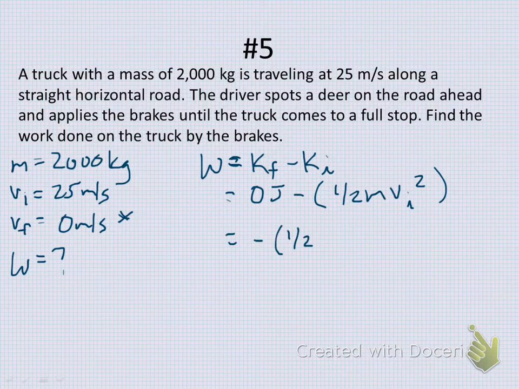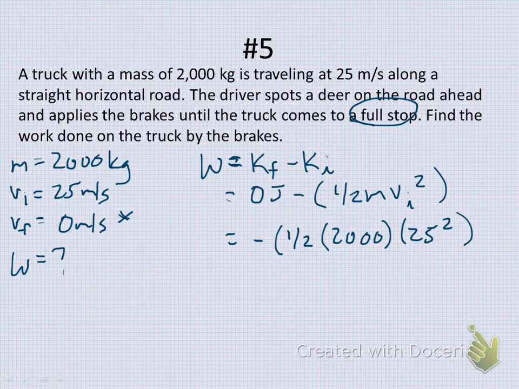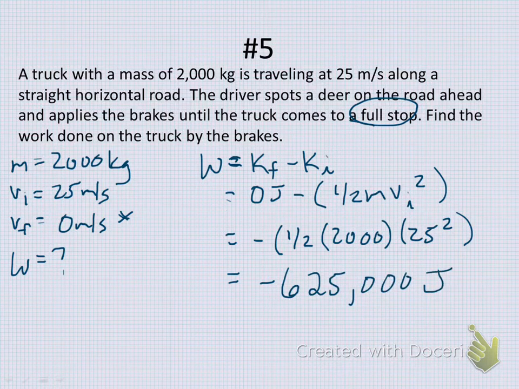And that would make sense because the truck is coming to a stop or slowing down. So the work done by the brakes is going to be negative. So we have 1/2 times 2,000 kilograms times the initial velocity of 25 meters per second squared. And from that we get negative 625,000 joules of work done by brakes on the truck.